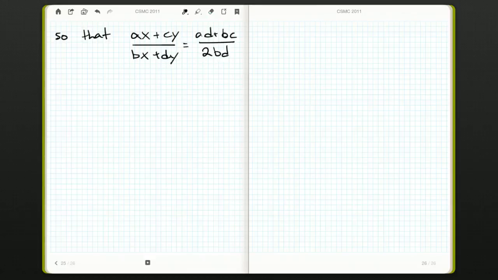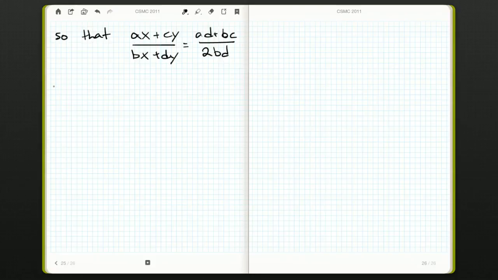Okay. So AX plus CY over BX plus DY equals AD plus BC over 2BD. Okay. Well, if we want to solve this, again, we're going to be looking for a relationship in X and Y most likely. But the best thing to do would probably be to start manipulating.